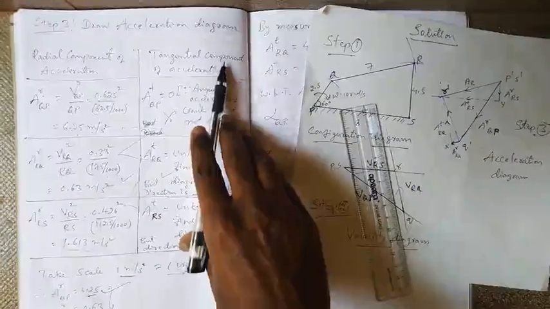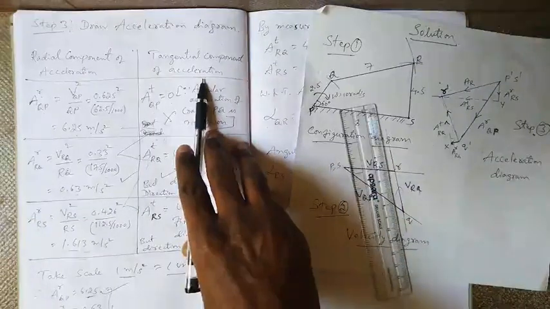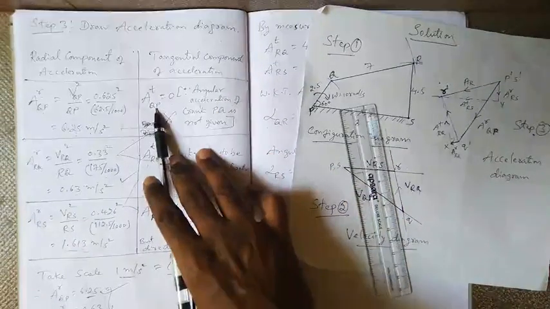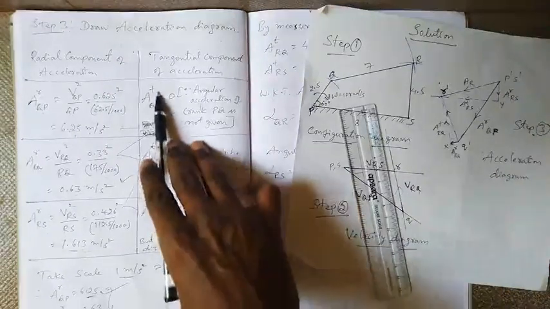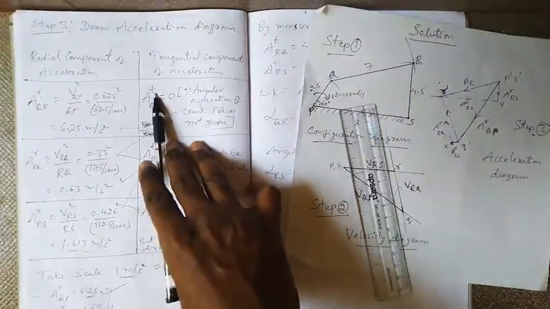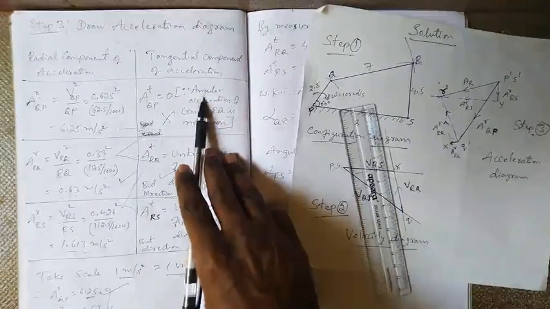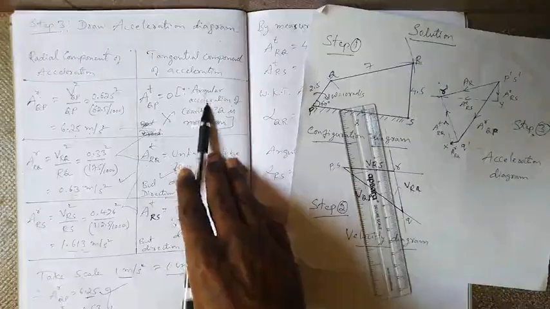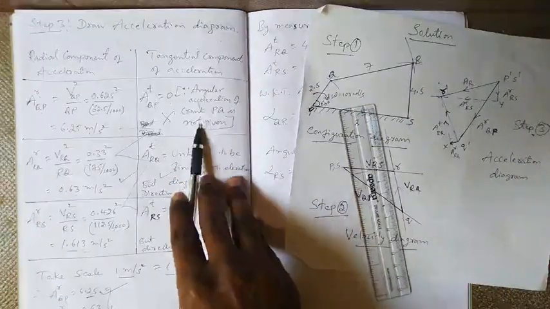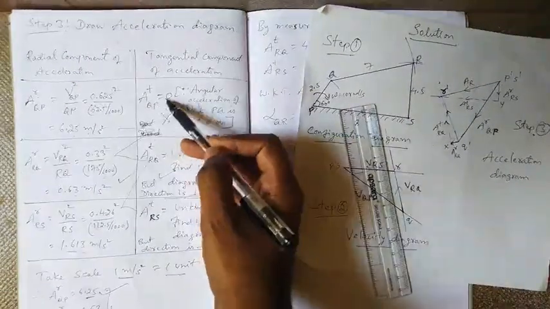The tangential component of acceleration for QP, denoted A QP superscript T: angular acceleration is not given in the problem. So there is no angular acceleration of crank PQ, and we can consider it as 0.